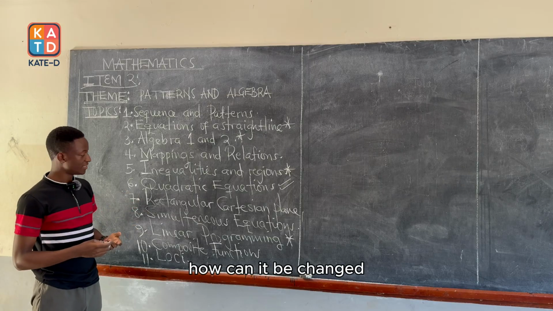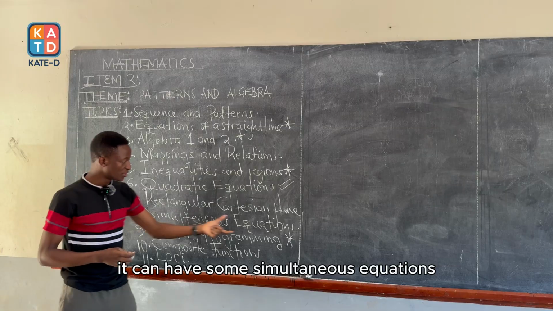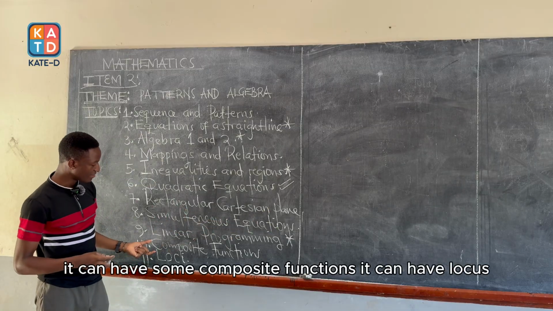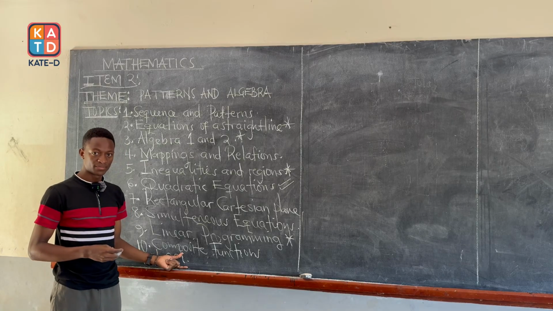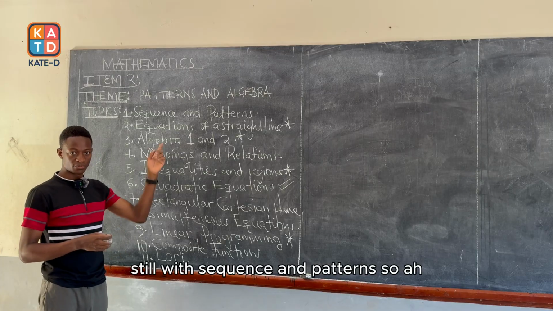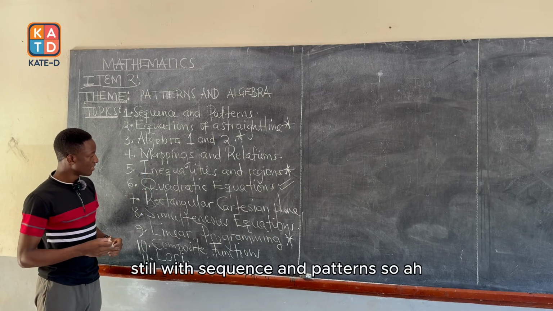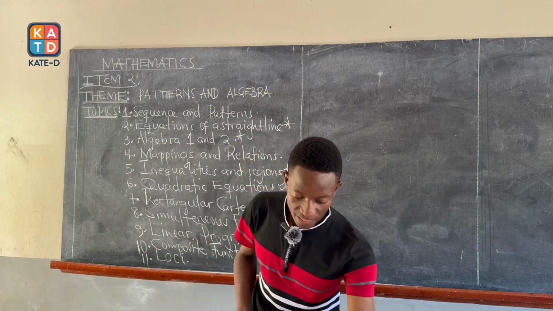It can be quadratic equations, it can have some simultaneous equations, it can have some composite functions, it can have loci. It can also have some algebra, still with sequences and patterns. So, let's look at this item.